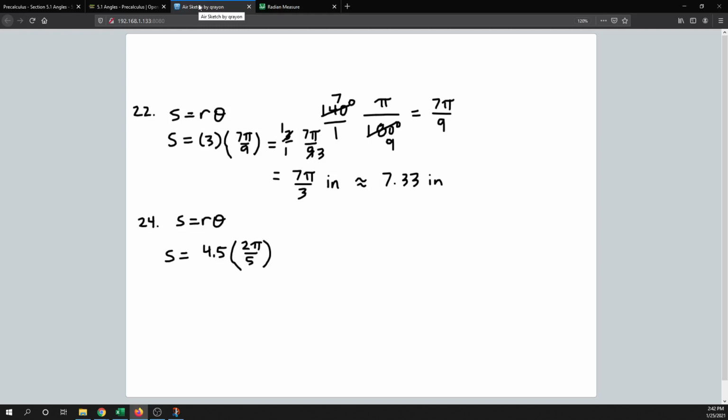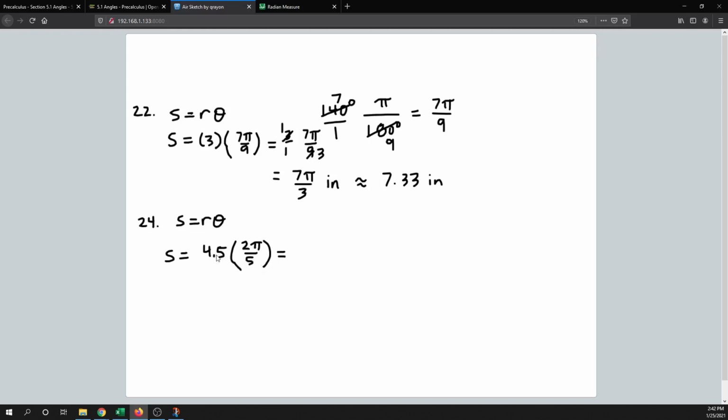All right, and on this one, 4.5, again, it doesn't really specify how they want the units, or how they want this answer displayed. Do they want it as the exact value, or do they want it as a decimal? Doesn't really say.